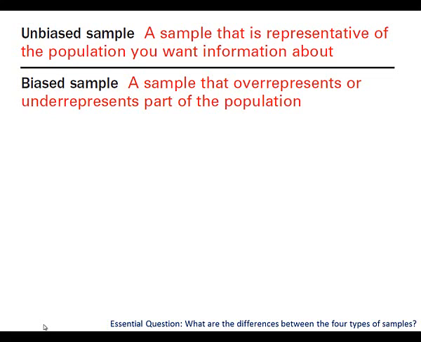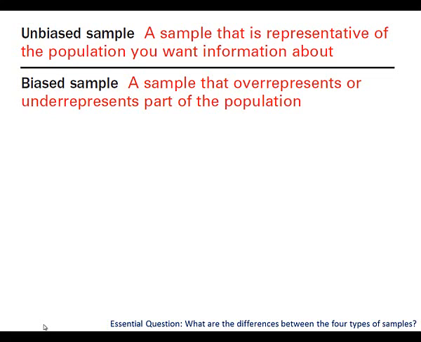Alright, an unbiased sample is a sample that is representative of the population you want information about. A biased sample is a sample that overrepresents or underrepresents part of the population. So let's think about those two things. If we wanted to do an unbiased sampling of students at Tockwitz by grade level, we would want to have about the same proportion of 9th graders surveyed as there are at the school.